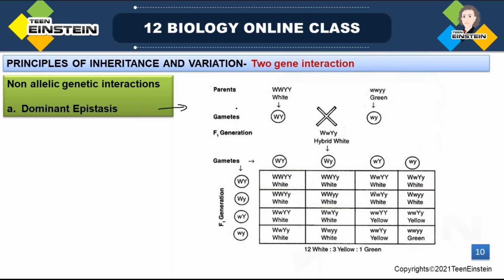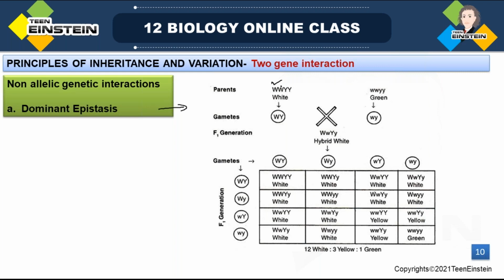The dominant gene W, capital W, produces the white color, and the dominant gene Y gives yellow color.